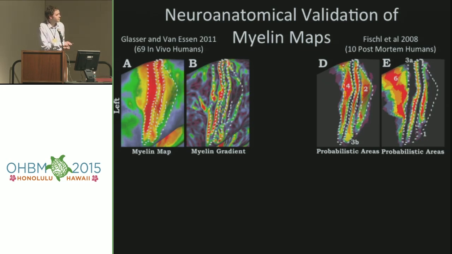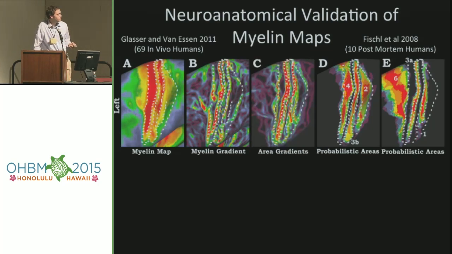And so we have area 4, area 3A, 3B, 1, 2 here. And just like the myelin maps, we can see where the probability changes most dramatically. We can take a gradient of the probabilistic maps, and we see that the gradients of the myelin map and the probabilistic map nicely agree.